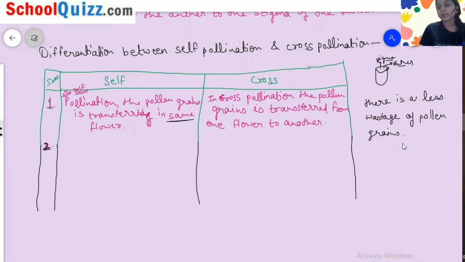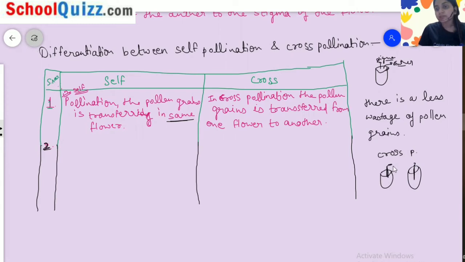Okay, and when it is in the cross pollination, it is happening in another flower. So there is a flower and there is another flower. Basically, the pollen grains from this anther are transferring to the stigma of this flower.